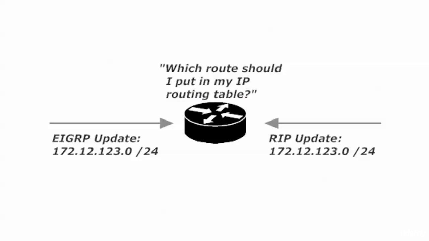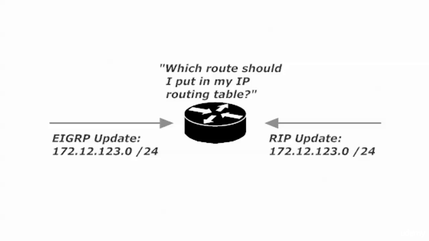This is when administrative distance comes into play. Again, remember the longest match is the first thing that the router is going to check. Administrative distance is strictly a tiebreaker. That's all it is. And here we have a tie. We've got a couple of 24-bit masks for the exact same network, and now administrative distance is going to be used to decide which route to choose and then of course which protocol is going to be used.